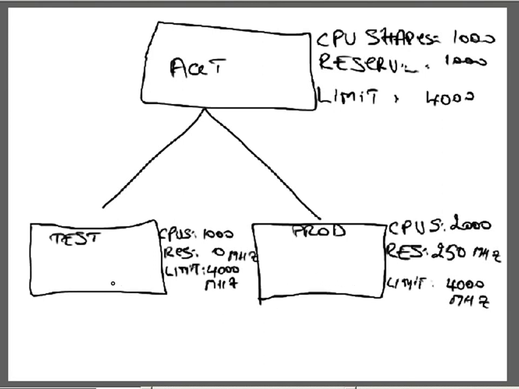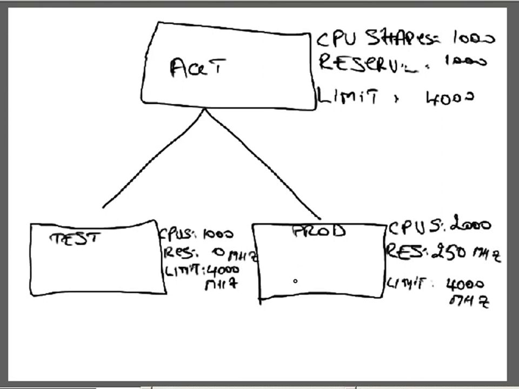And you're going to notice also that for reservation, for testing, we've given them 0. So the virtual machines that are in this test resource pool don't have a reservation, clearly signaling that those aren't important virtual machines to us. When it comes time for these virtual machines to fight for resources, we don't want the test virtual machines to have anything reserved, and we want the production virtual machines to have most of the resources available to them.